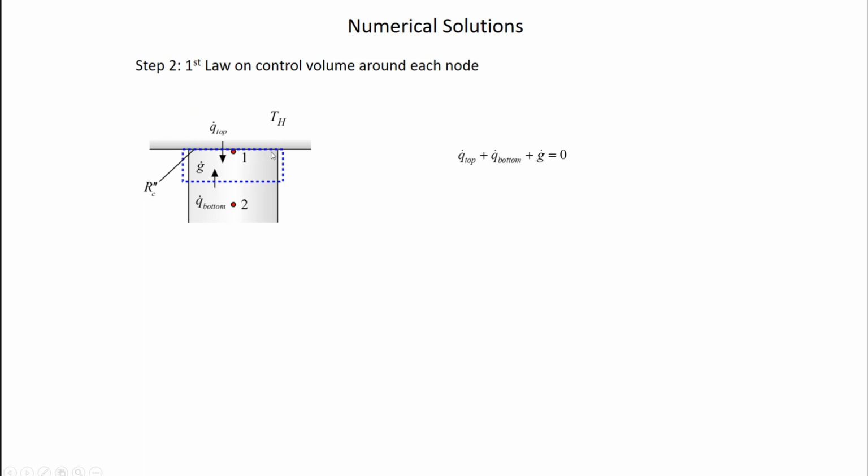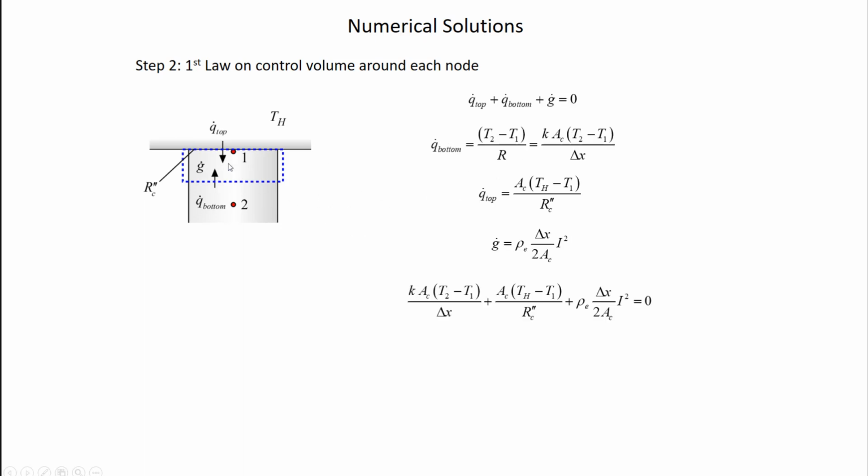My control volume stops at the edge of my computational domain, so it stops here at node 1, and then it travels halfway to node 2. So it's delta X over 2 long. In terms of an energy balance, I've decided again to draw everything as coming in. So Q dot top is in, Q dot bottom is in, and then G dot is in. That's what I've done here. And then I have to do a rate equation for each of these.